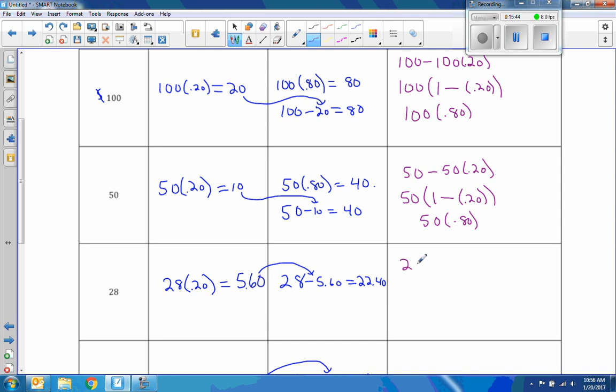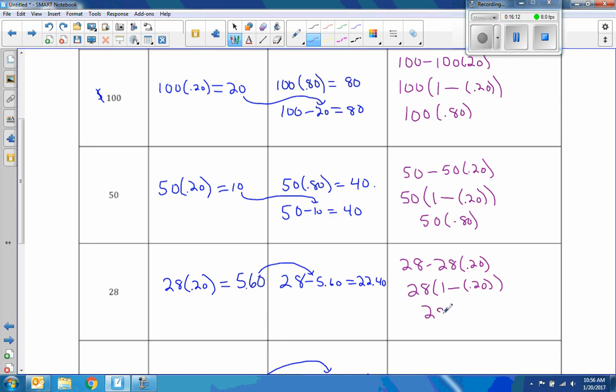This one, the original price was $28 minus $28 times the discount, 20. Factor. 28 divided by 28 is 1, minus 28 divided by 28 is 1 times 0.20 is just 0.20.